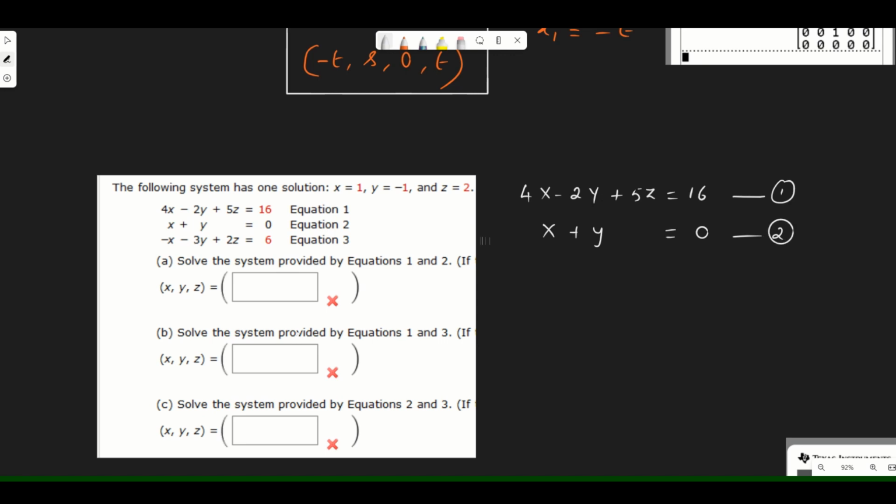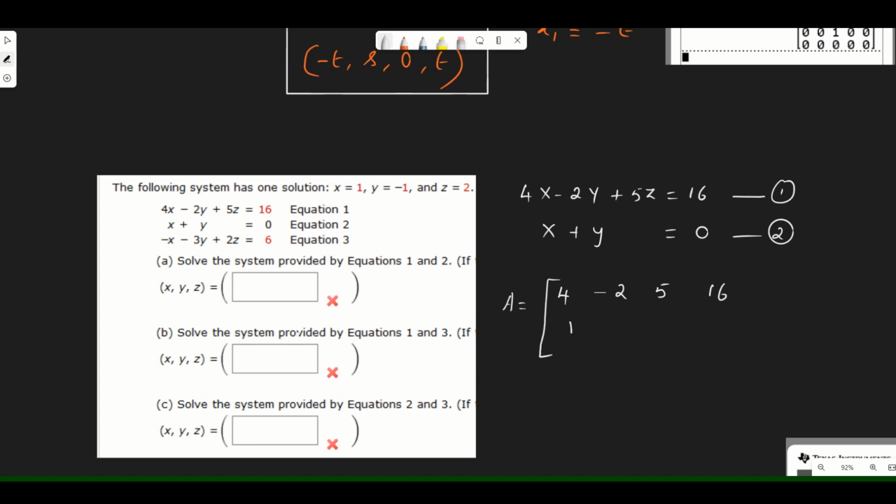So the easy way is to make use of the graphing calculator to find the reduced row echelon form, the Gaussian elimination. So I am going to take the augmented matrix, that is the coefficients along with the constants. So the matrix A will be 4, negative 2, 5, and the augmented constant will be 16.